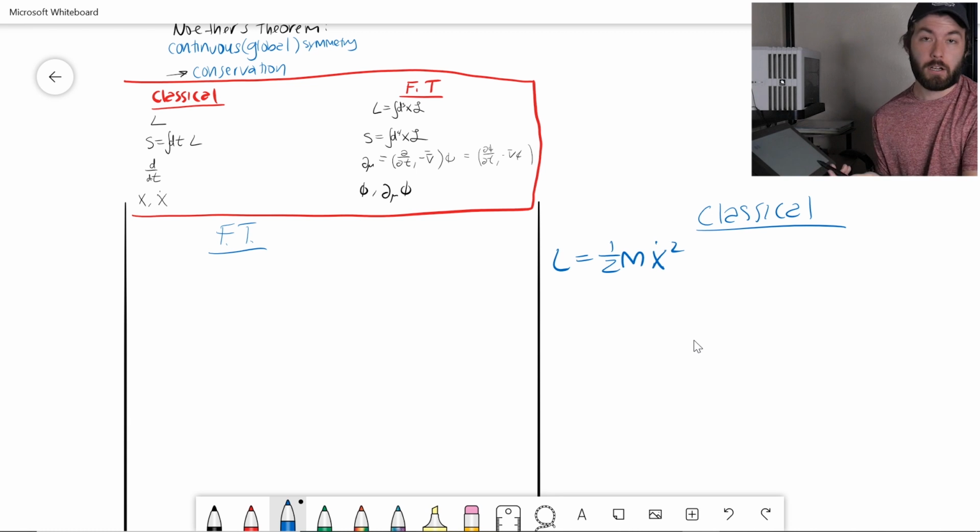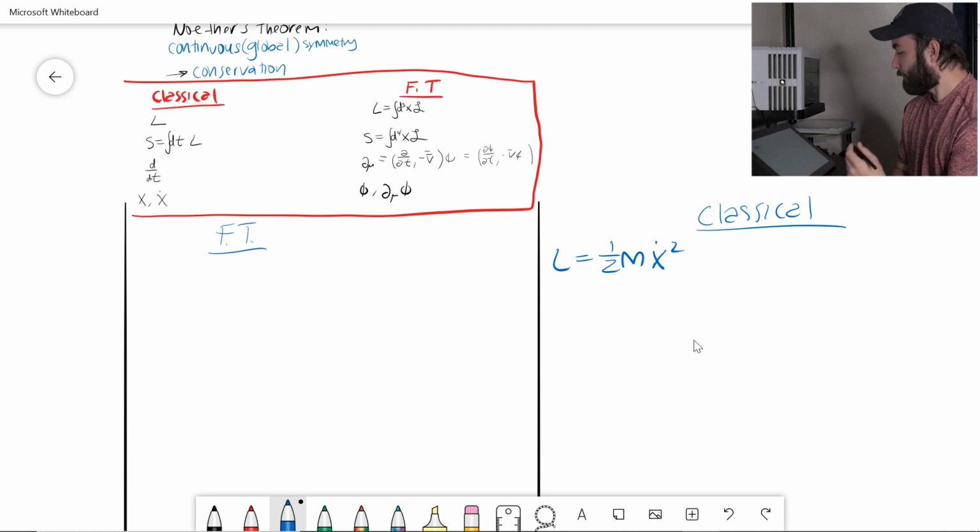So it's the kinetic energy. In 3 dimensions, you'd have x dot, y dot, and z dot squared, and so on. In field theory, it's not necessarily kinetic and potential energies, but we call them kinetic and potential terms. And we also have a free version of the field theory, and the simplest case is called the Klein-Gordon Lagrangian, which is a scalar field that corresponds to a particle that is spin 0, and in general that field can be complex.